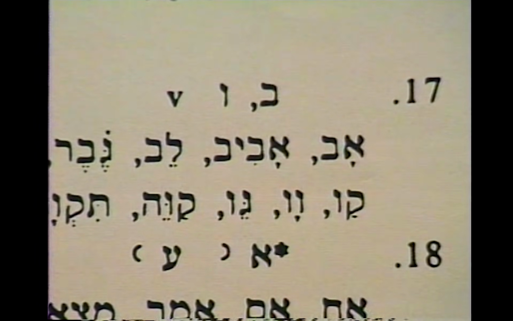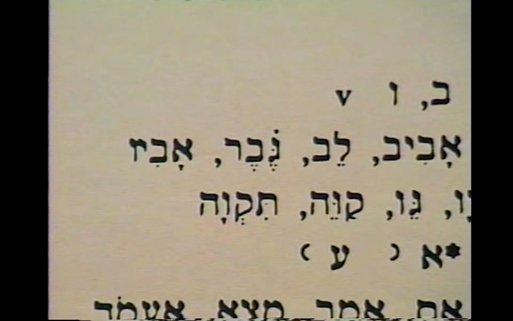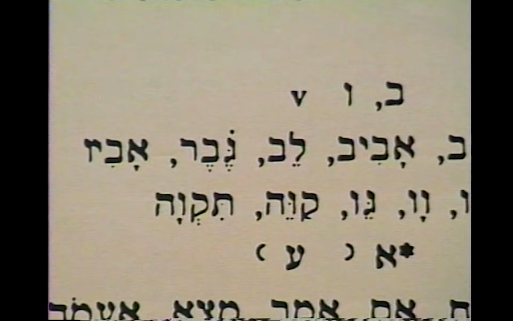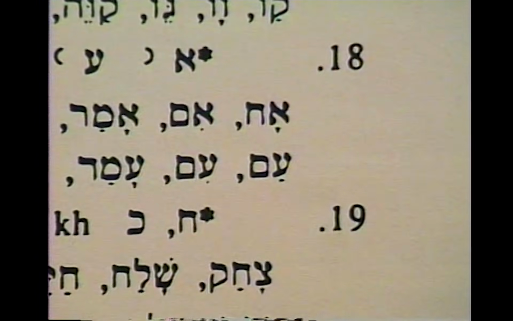Av, Aviv, Lev, Giver, Aviv, Kav, Vav, Gave, Kaveh, Tikveh. All right, next one, number 18, between the aleph and the ayin.